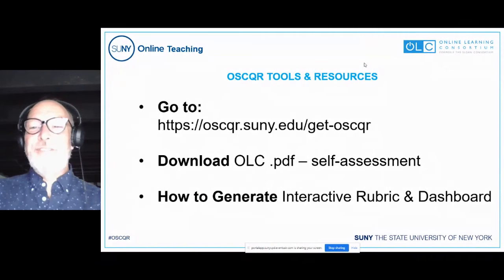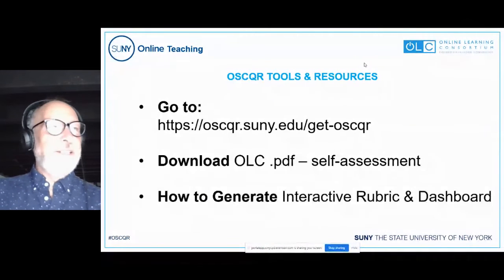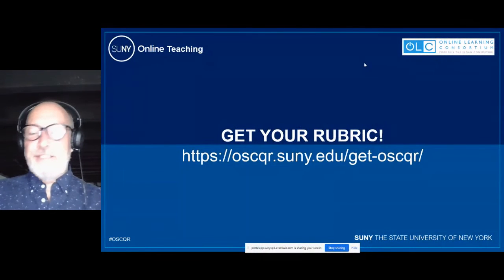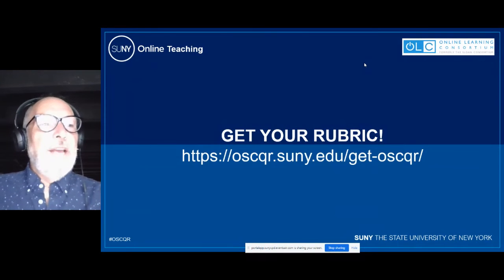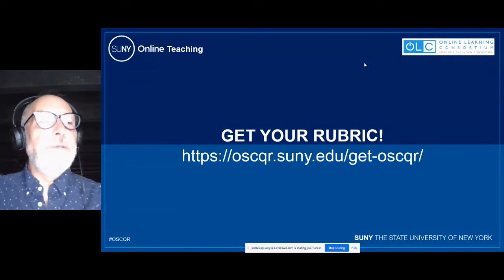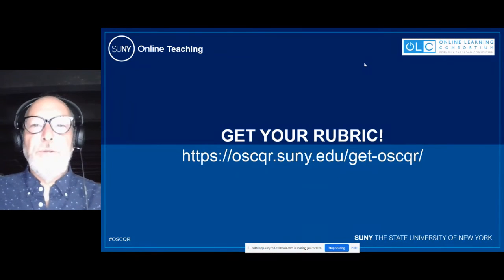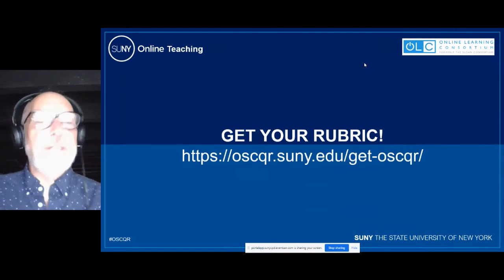Alex is putting in great resources here and I'm so sorry, the slides are advancing on their own. If you want to get your Oscar rubric, go to oscar.suny.edu. Even if you were just to go to that single website, you could navigate it pretty easily.